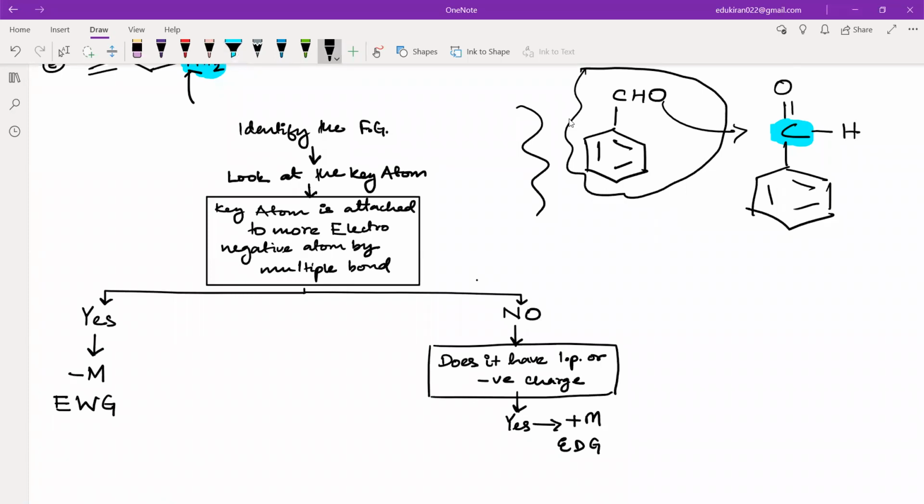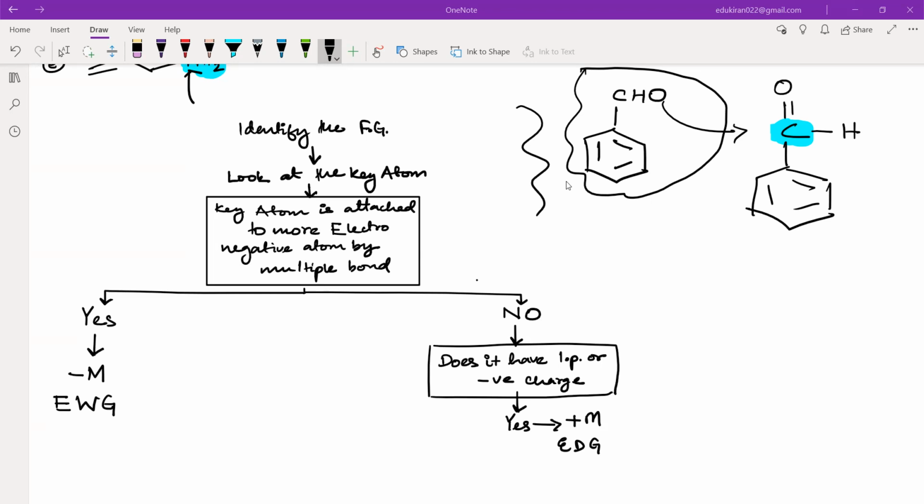Carbon is attached to oxygen and hydrogen.